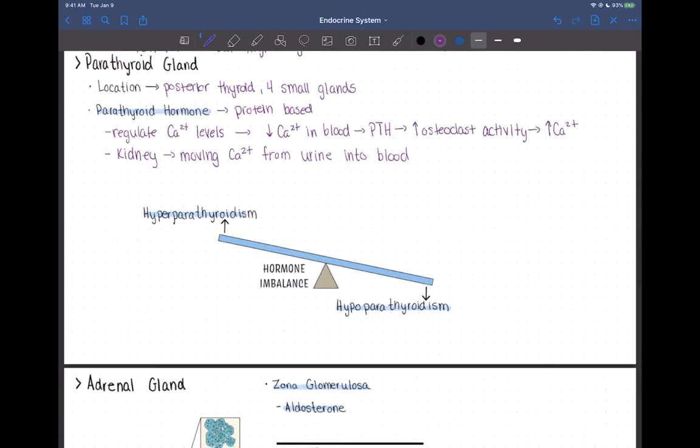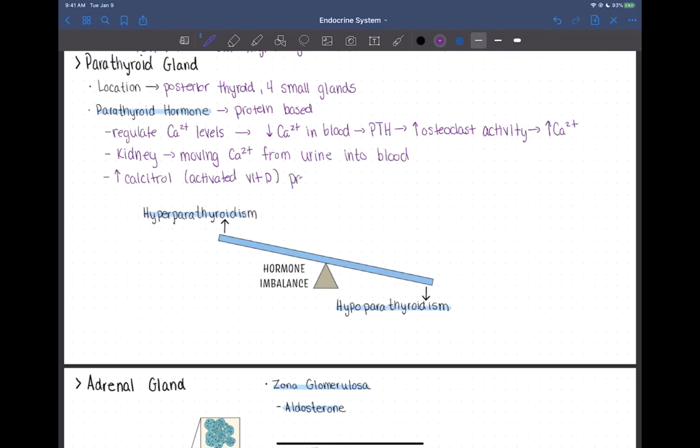And it's involved in calcitriol production. So it promotes calcitriol, which is activated vitamin D. We know we need vitamin D to absorb calcium from our food.